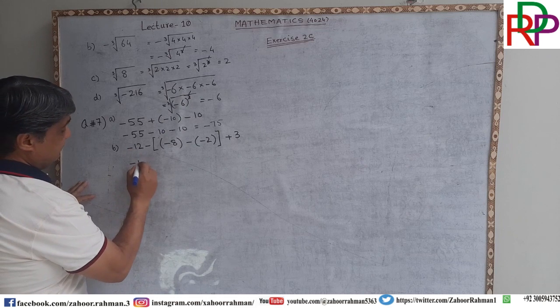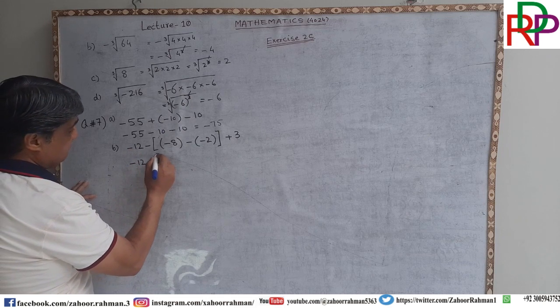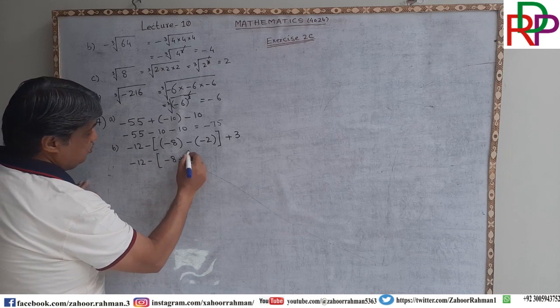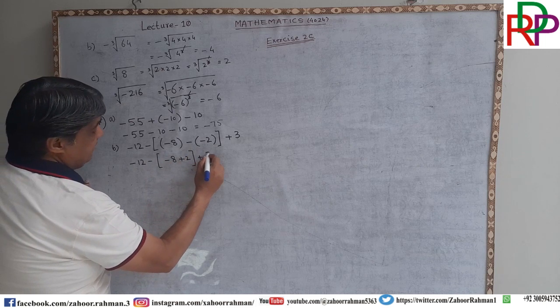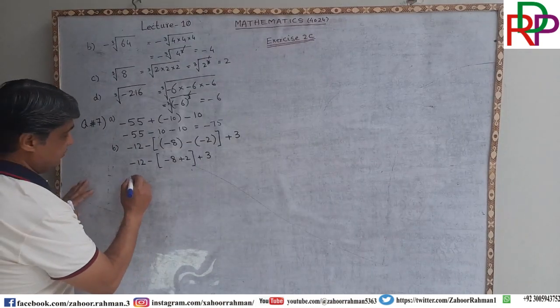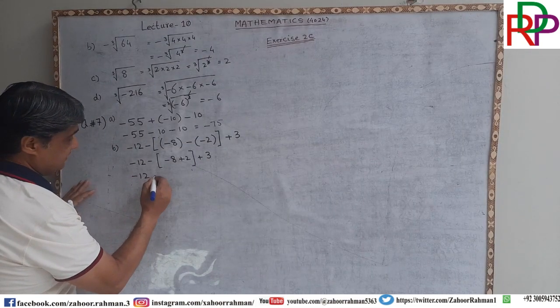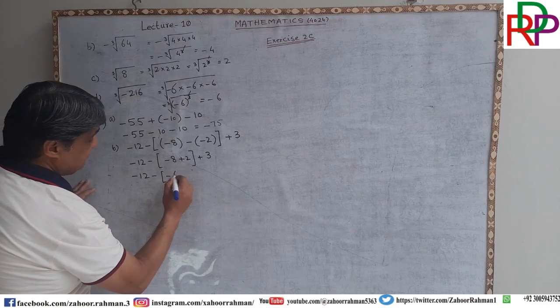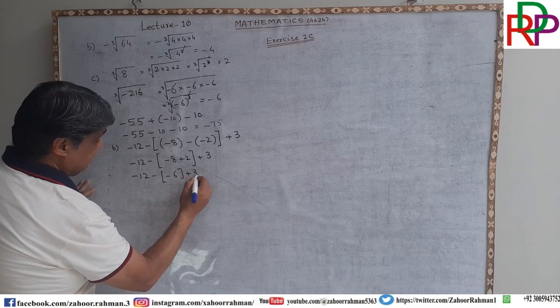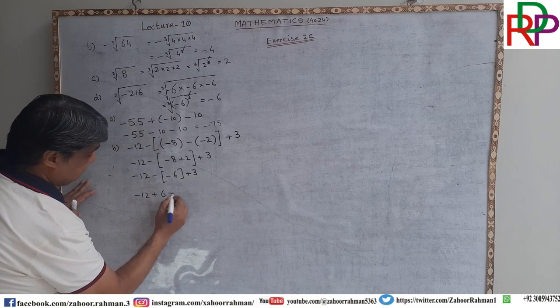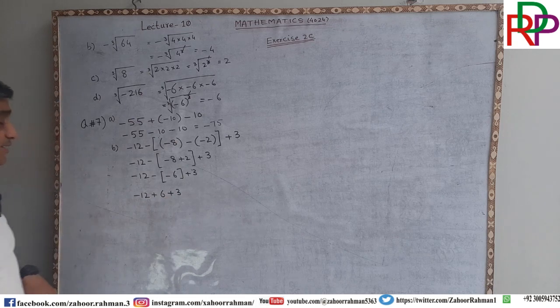Minus 12 will come in its place, and then minus 8 plus 2, and then plus 3. You have to go step by step, otherwise you will commit a mistake. Minus, and that is minus 6 plus 3, so minus 12 plus 6 plus 3.